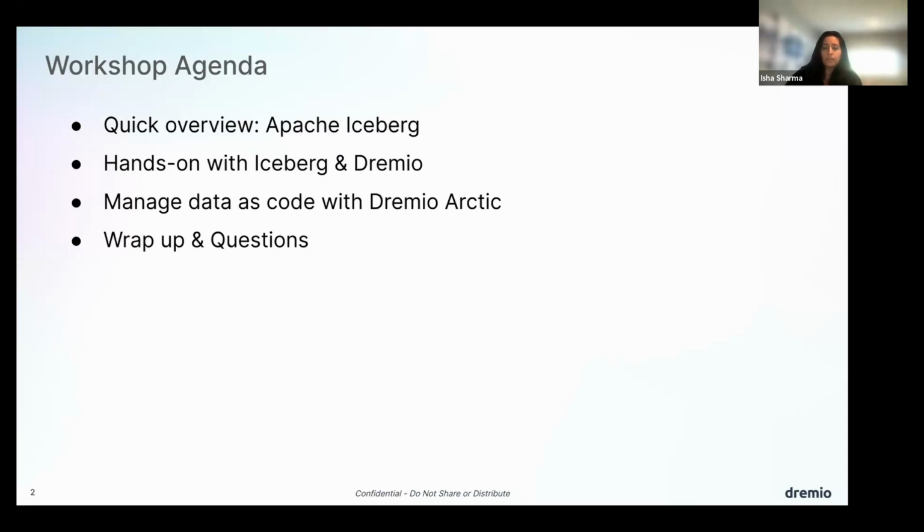After those hands-on exercises, I'll give you a quick overview of something called Dremio Arctic and how you can manage your data as code with Arctic. And we'll do a quick wrap up with questions, and that's it. So let's get down to it.